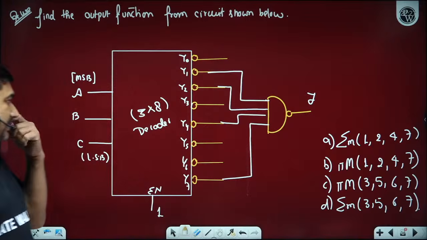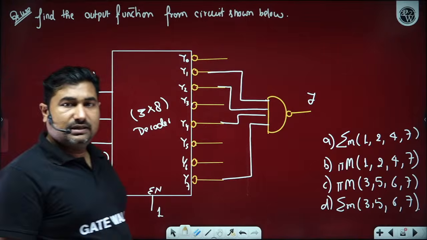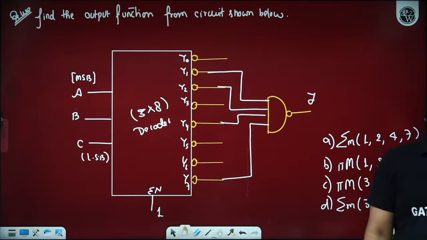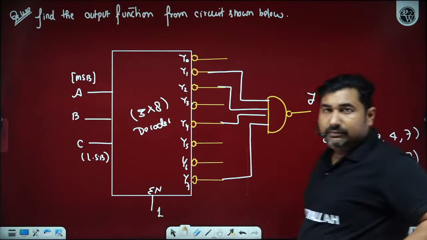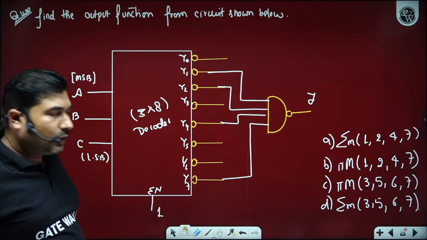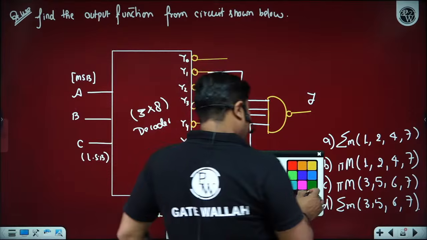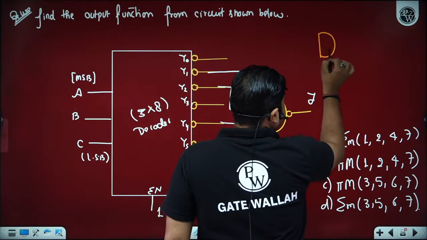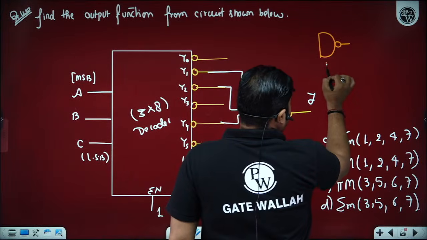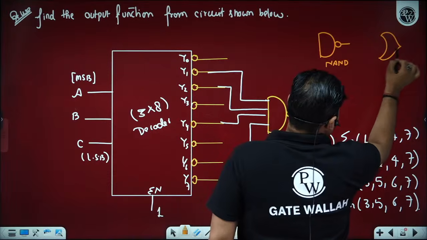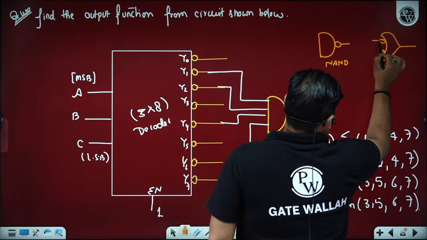Can you tell me, beta ji, which of the following options indicates the output function y implemented by this circuit? All of you remember the bubbled OR gate. What is a NAND gate? NAND gate is the same as a bubbled OR gate.